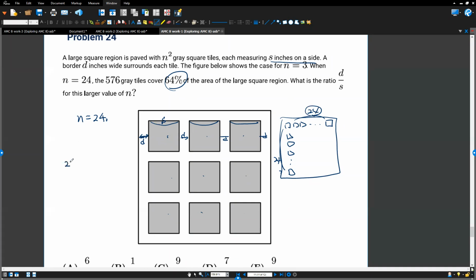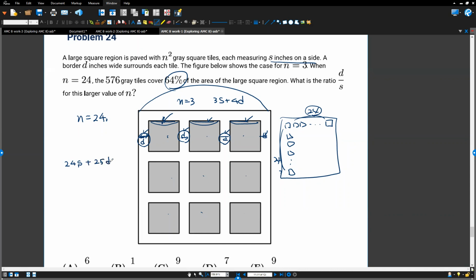So the total length is 24S plus the D's. In the case where n is 3, what is that? 3S plus 4D, isn't it? 1S, 2S, 3S, 1D, 2D, 3D, 4D. That is the length of this side. So there are 24 squares, 24S plus one more D, this number 25.